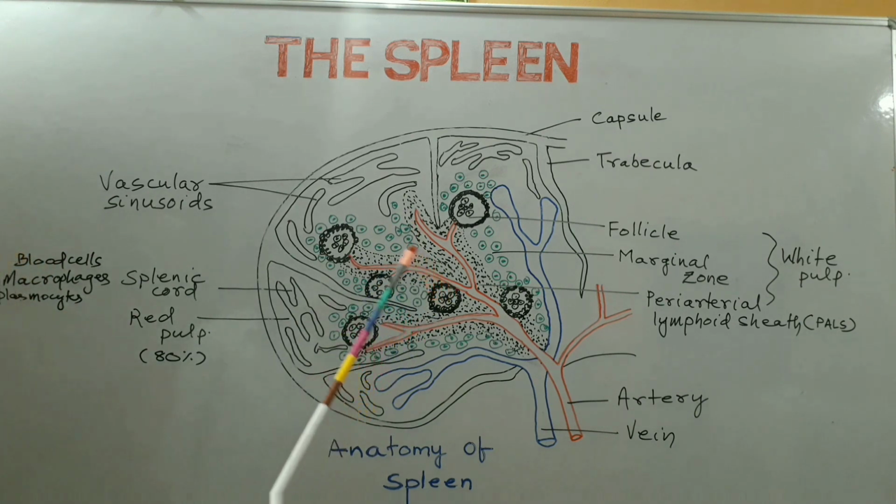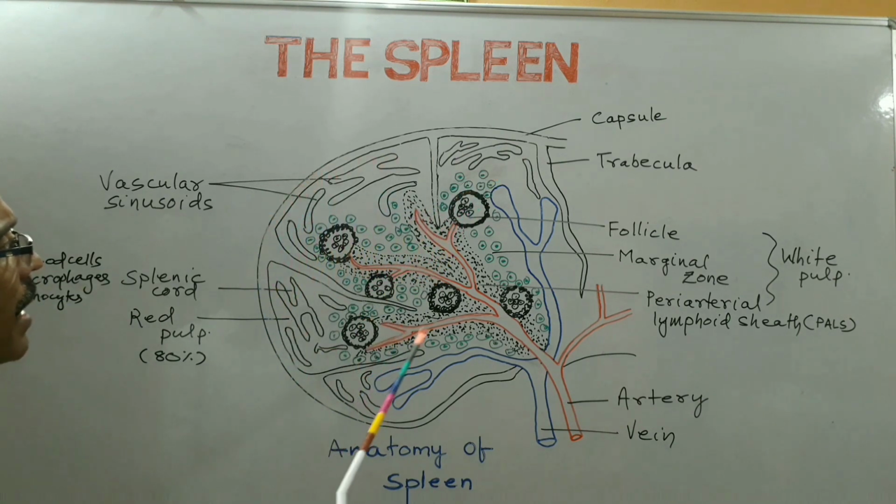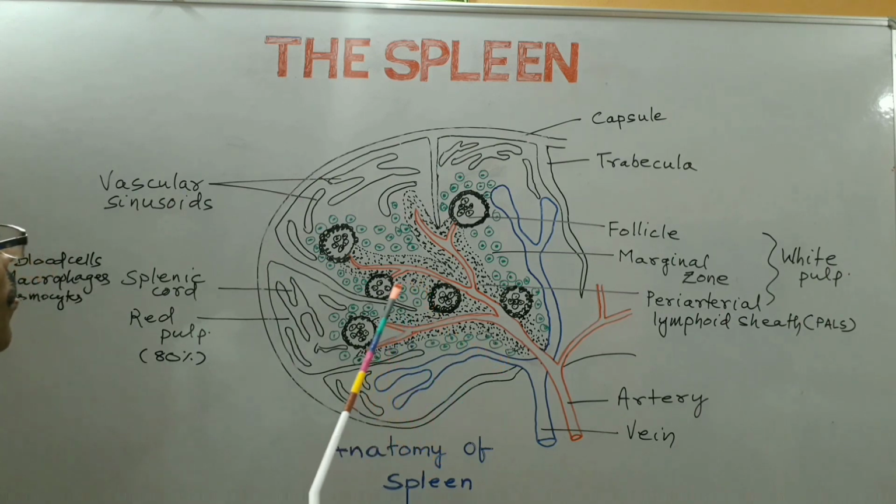Like other organs, the spleen also consists of stroma and parenchyma. The stroma consists of a network of reticular connective tissue that provides support for blood cells and also for cells of the immune system like lymphocytes, macrophages and dendritic cells.